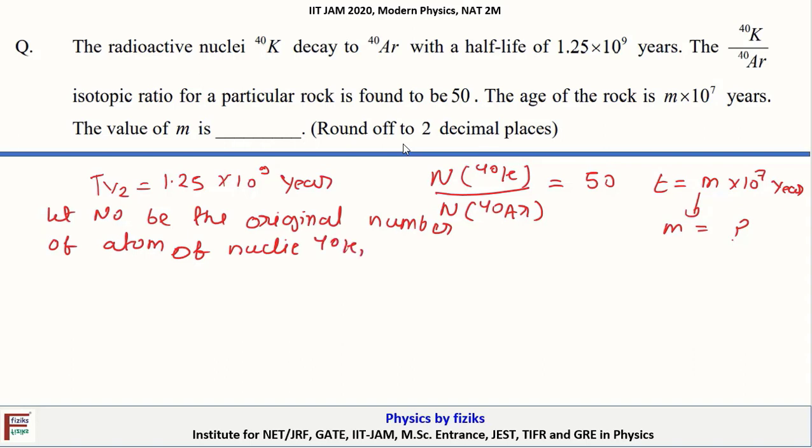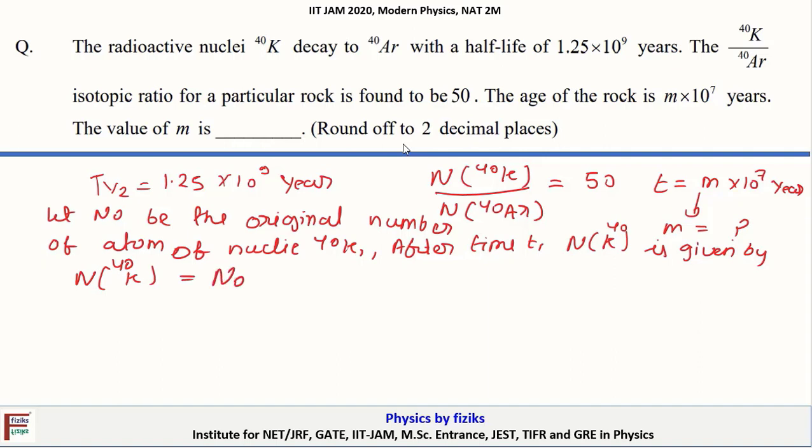40K. So after time t, the number of K40 is given by N of K40 would be N0 e to the power minus lambda t.